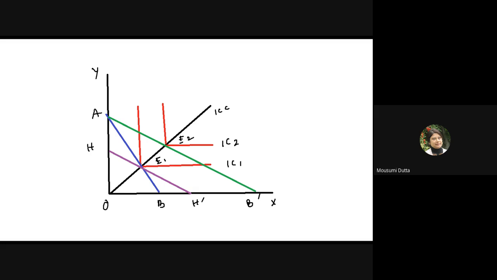The equilibrium moves from E1 to E2 along the income consumption curve.